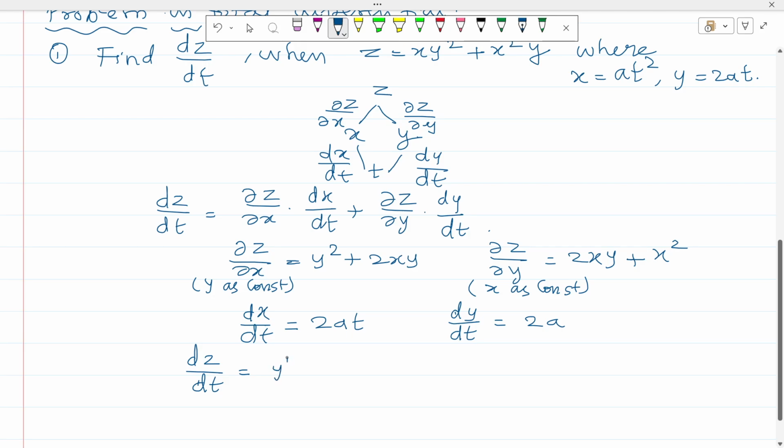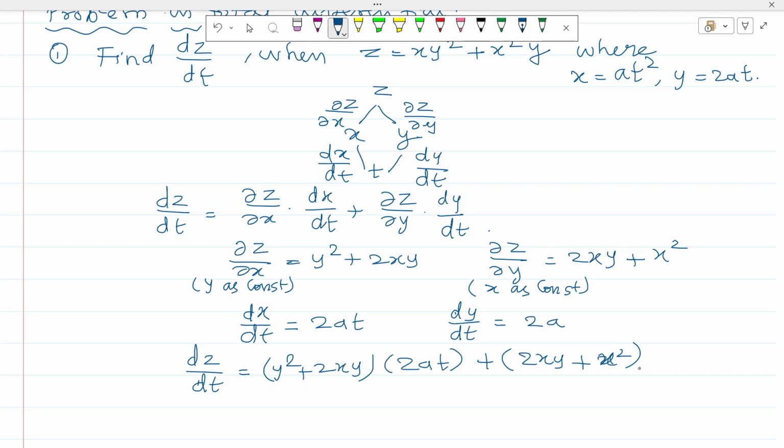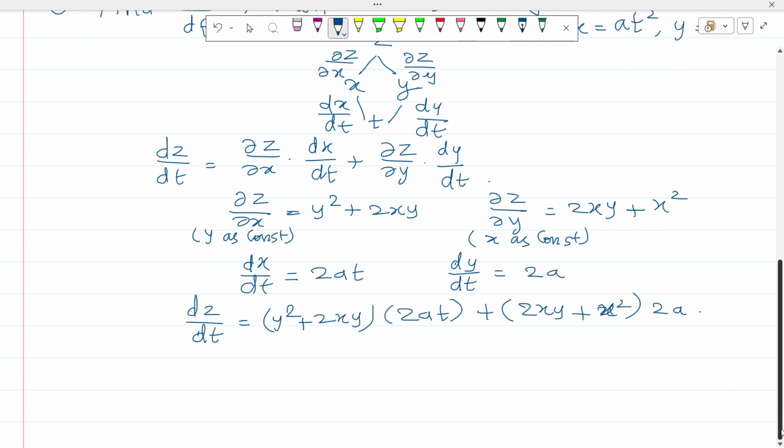plus 2xy, and then multiply with 2at, plus 2xy plus x square into 2a. Now you have to substitute x and y here.